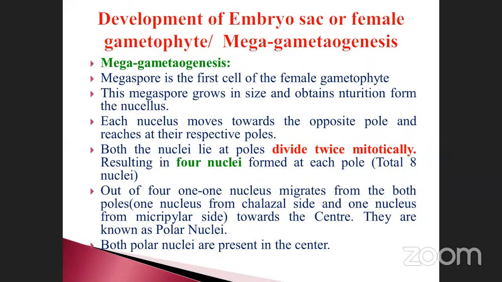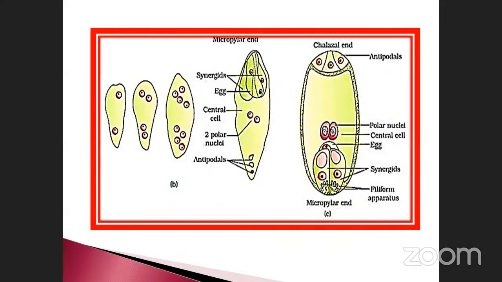They are known as polar nuclei. Note it down, this is very, very important. Both polar nuclei are present in the center. Two nuclei present in the center are called polar nuclei. See, the structure is exactly completed.